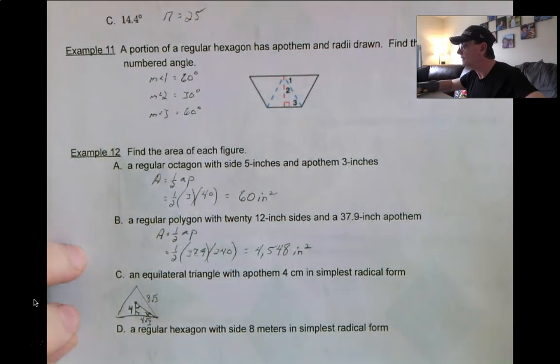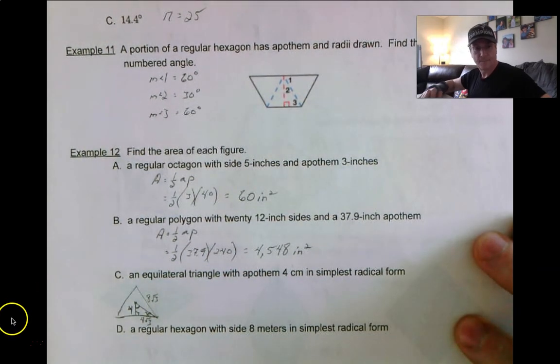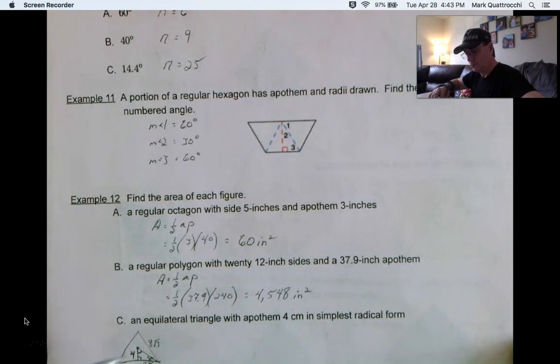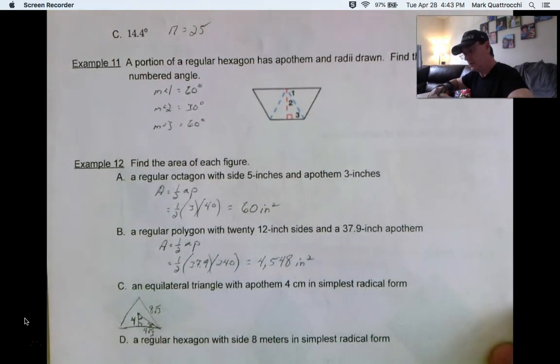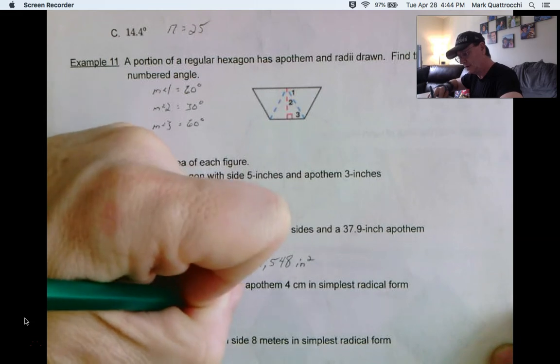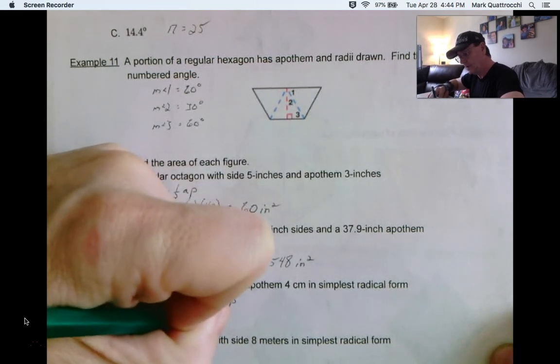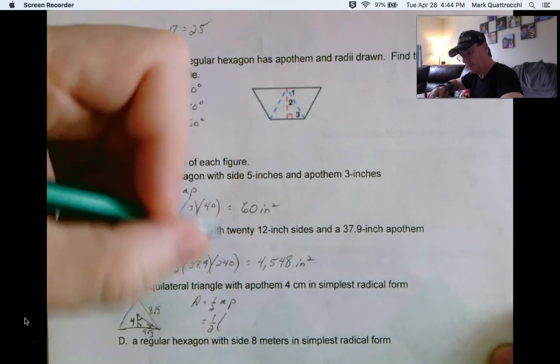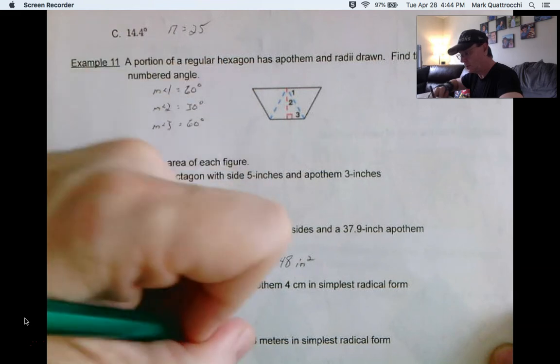Perimeter then is 24 square root 3. So area equals 1/2 AP. The apothem is 4.